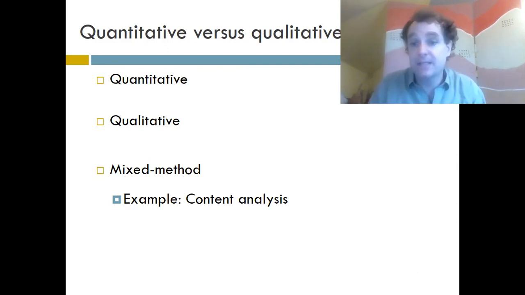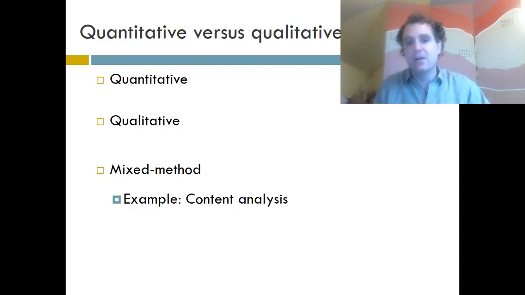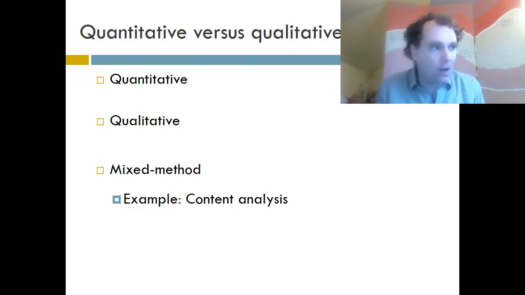And so an example of this is content analysis. So let's say we analyze a series of magazines, and we are trying to find something out about, say, gender. What we can do is we can count. We can count the number of words that appear in that magazine. We can count the number of subjects that come up. We can quantify it.